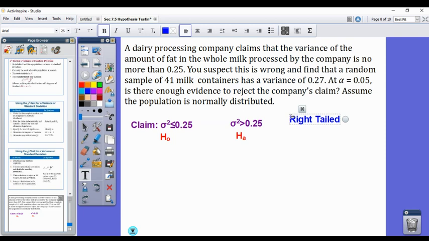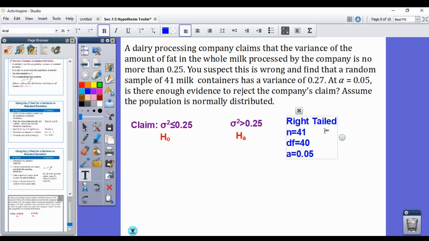So remember, you can tell based on your null hypothesis. And the other thing I know is that n is 41, which means my degrees of freedom is 40. And my alpha level is 0.05.